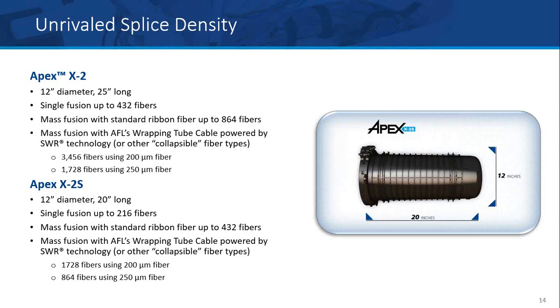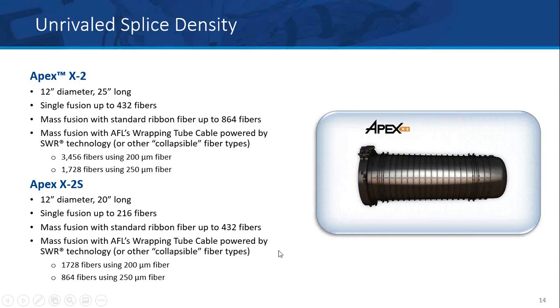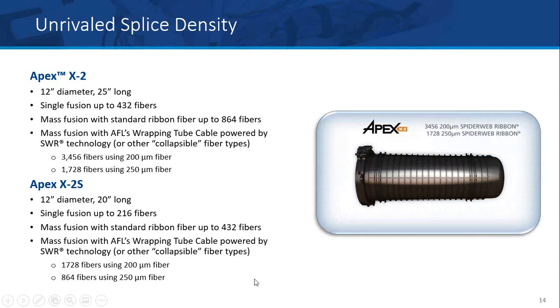So if you're utilizing your wrapping tube cable with 3,456 fiber and 200 micron, you can do that many fusion splices inside of the X2, a 25-inch long dome. If you're using our standard 250 micron fiber, that'll limit you to 1728. But still, again, in a 25-inch long dome footprint, well exceeds anything that you see out there in the industry prior to the Apex launch.